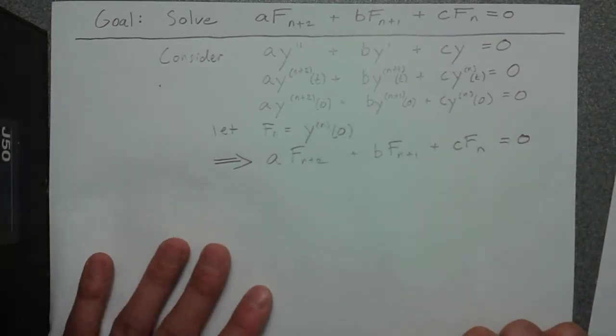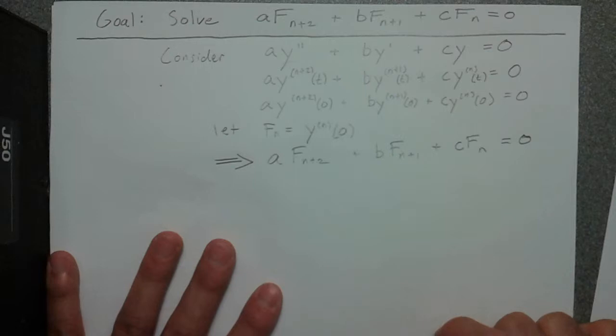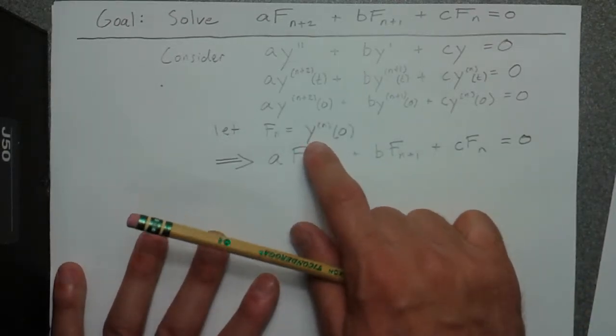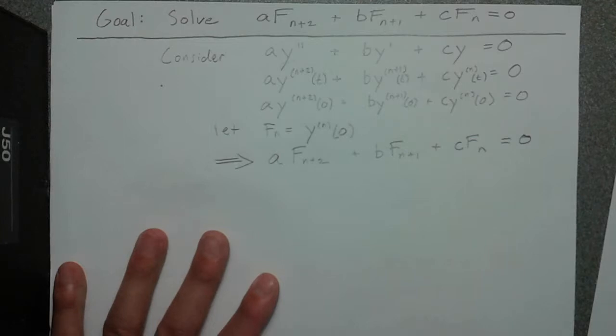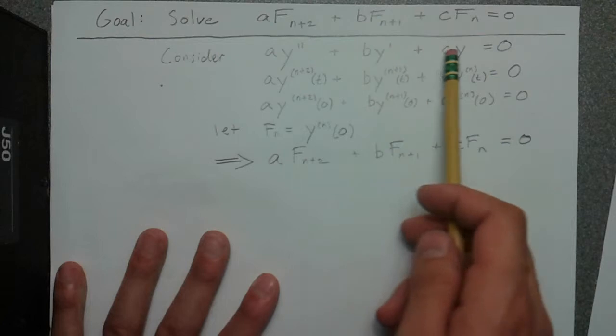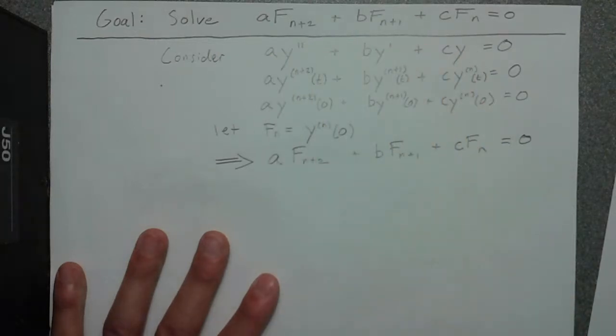So if I want to solve for f(n), I just find the nth derivative of y and evaluate it at 0. And we know how to solve for y, since solving for y is just solving this differential equation.